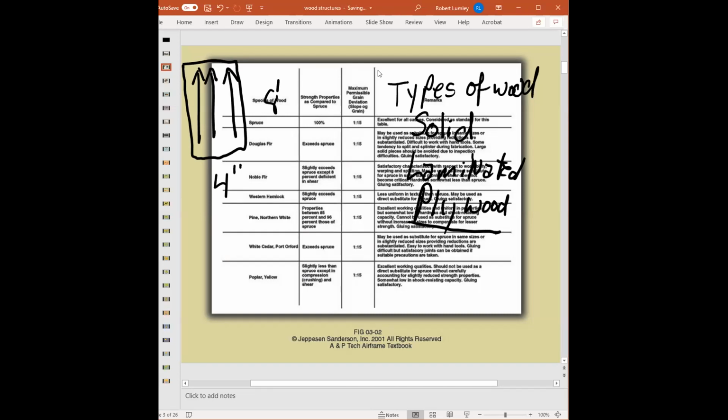The inside pieces will be going perpendicular, or at 90 degrees, to the other grain. Let's say we do 3 layers: the 2 outside layers are going the 8-foot length, and then the middle layer is going perpendicular to that.